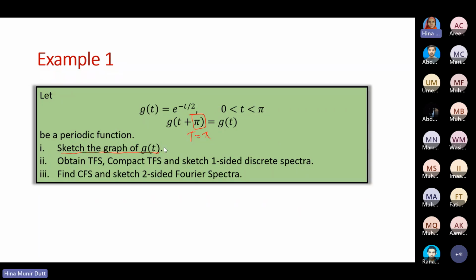So how to plot this function first. We are going to plot this function to know what the graph of an exponential function is, say g of t is equal to e to the power t over 2.